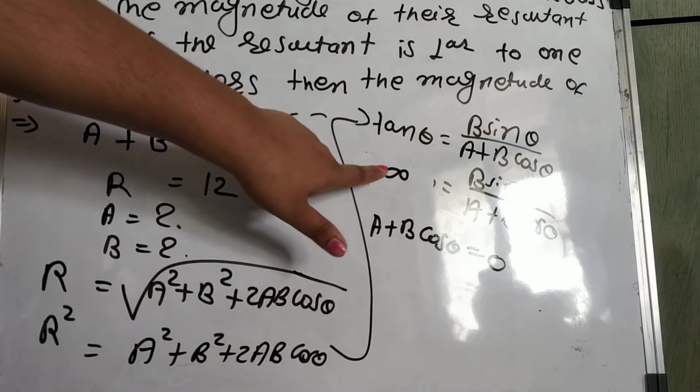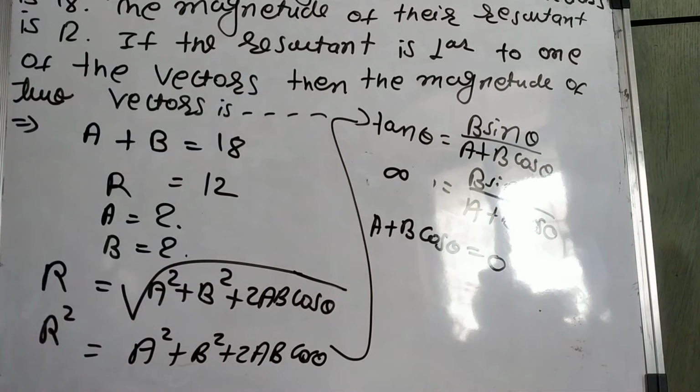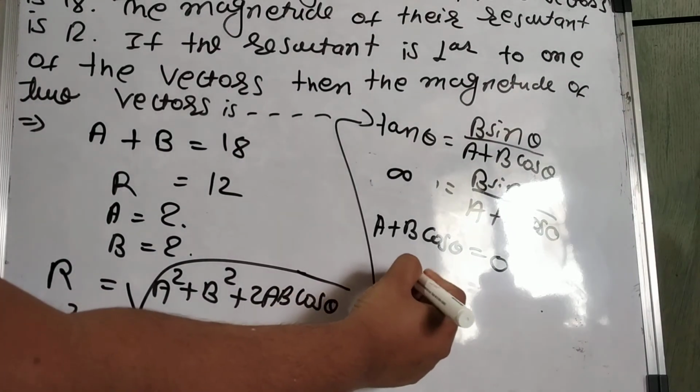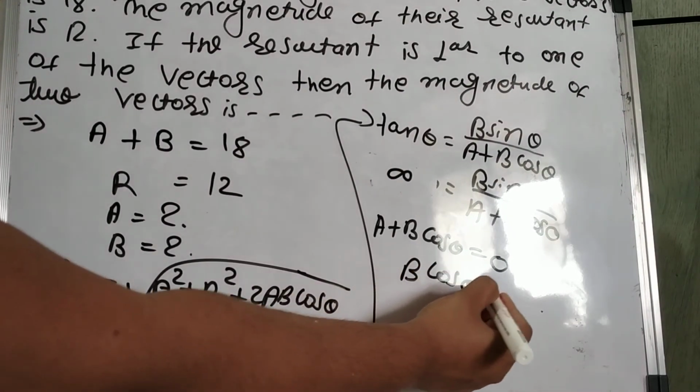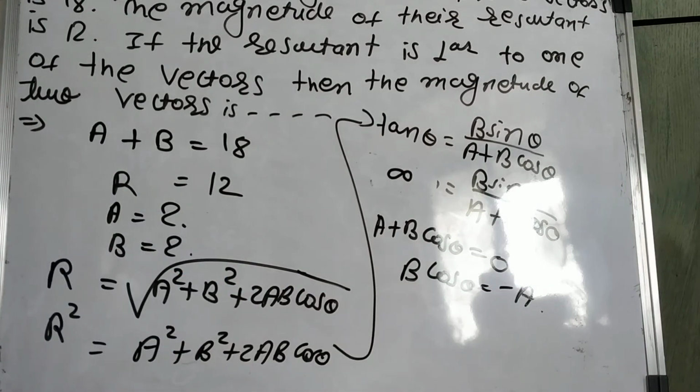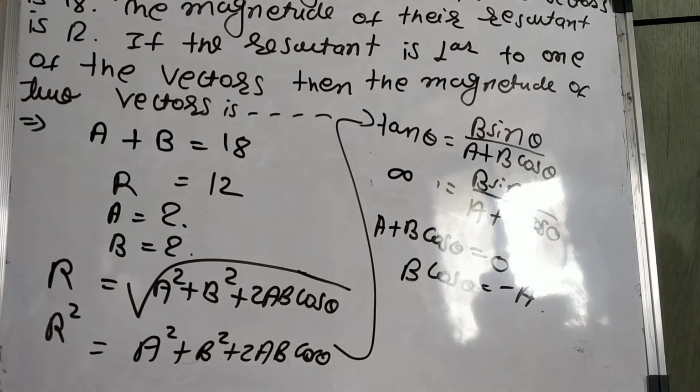Therefore this infinity shows that A plus B cos theta is equal to 0, and B cos theta is equal to minus A. We have to calculate the magnitudes of A and B.